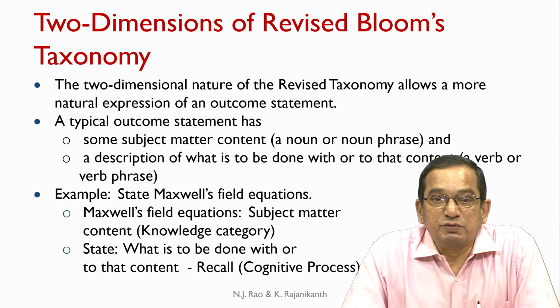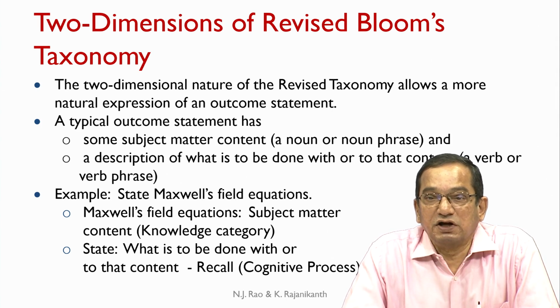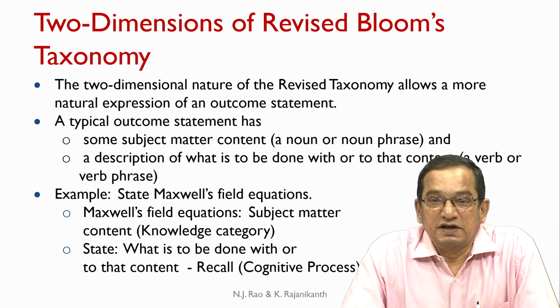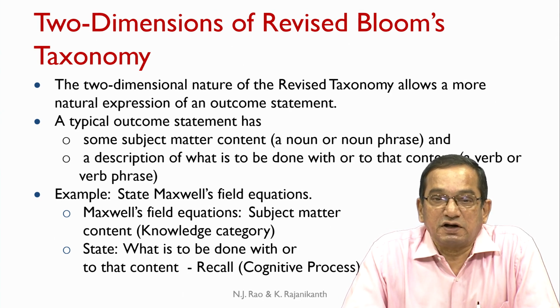A typical outcome statement has some subject matter content, a noun or noun phrase, and a description of what is to be done with or to that content, a verb or verb phrase. An example: state Maxwell's field equations. This is an outcome statement. The noun phrase Maxwell's field equations represents the subject matter content, the knowledge category.